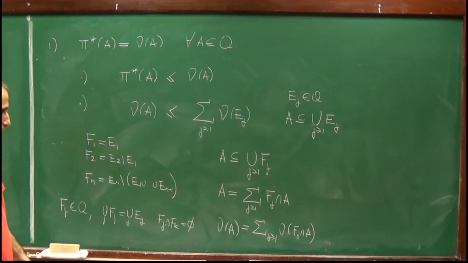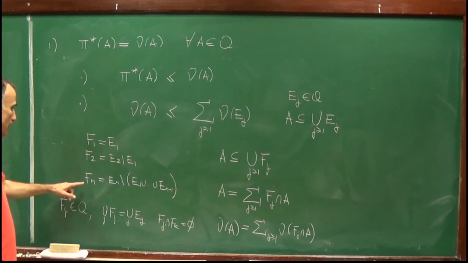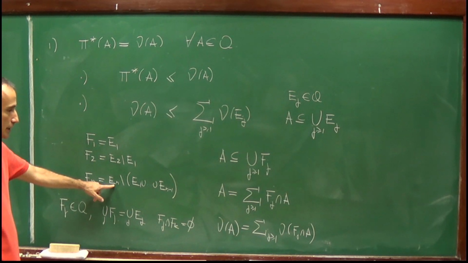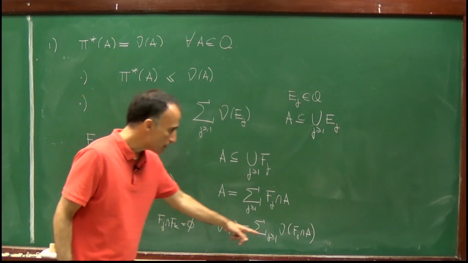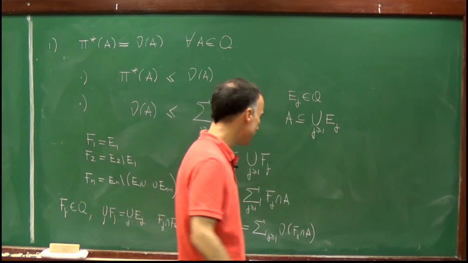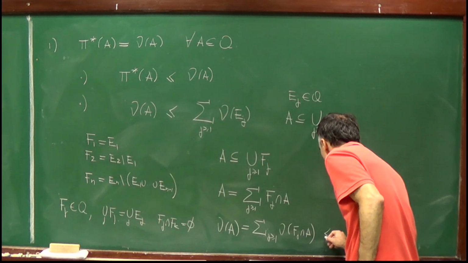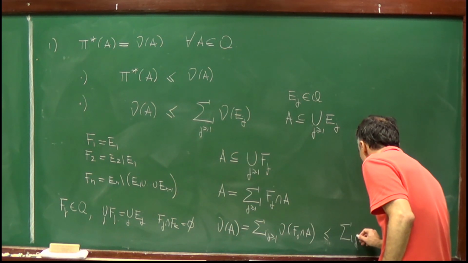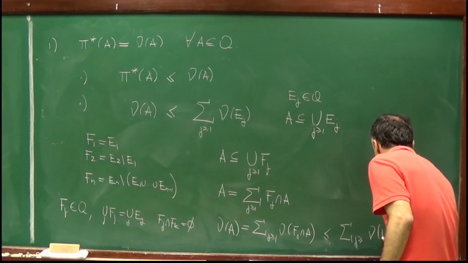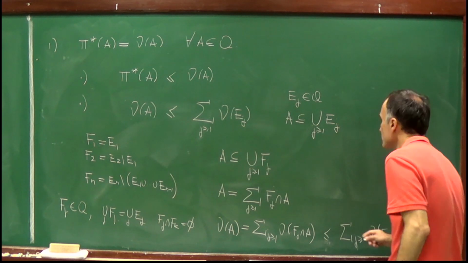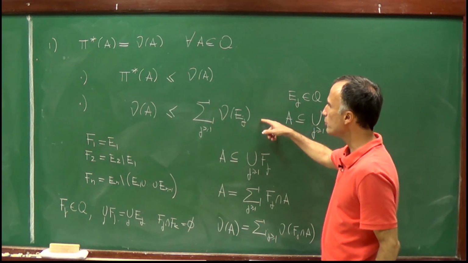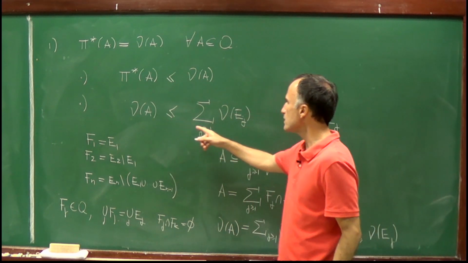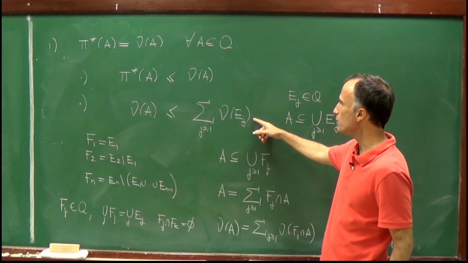So we have this equality, but now Fj, by definition, is contained in Ej. So Fj intersection A is contained in Ej. By monotonicity of nu, this is less than or equal to the sum of nu of Ej. And this is exactly what we wanted to prove: that nu of A is less than or equal to the sum of nu of Ej.